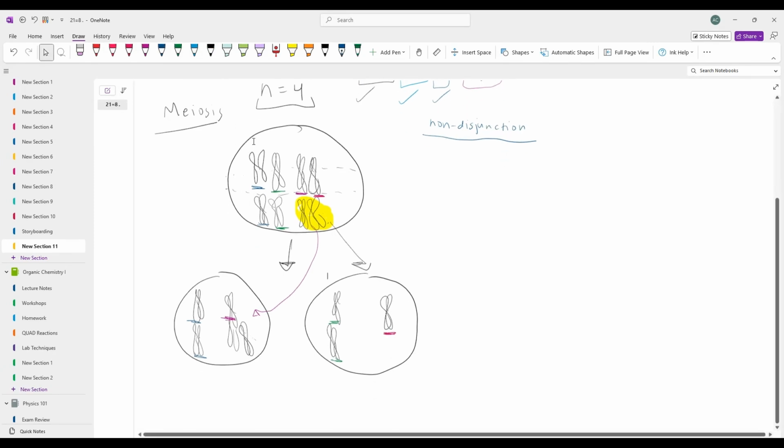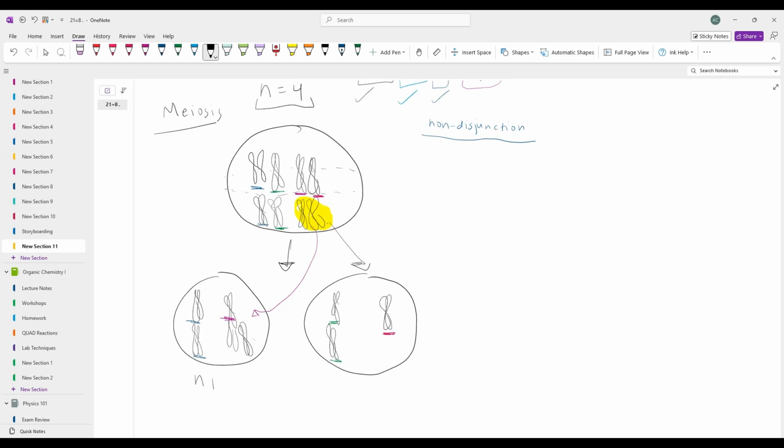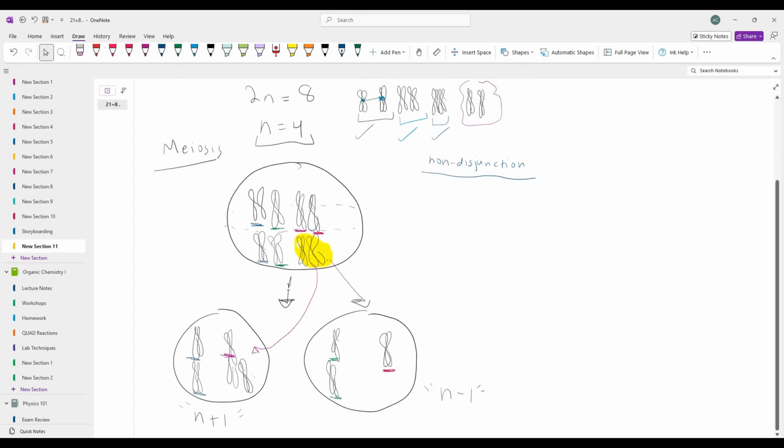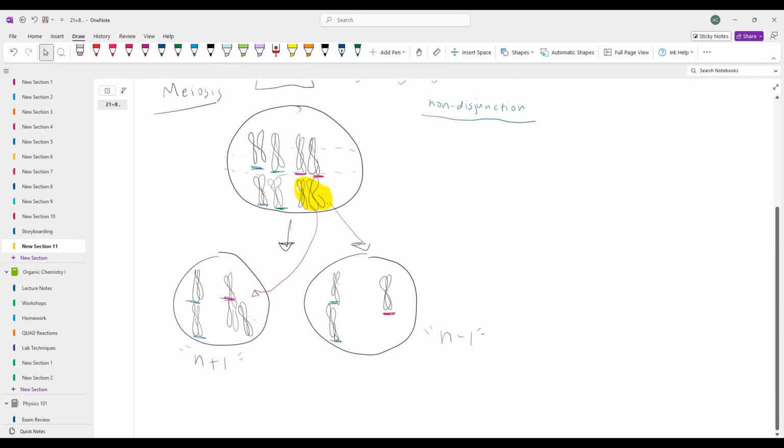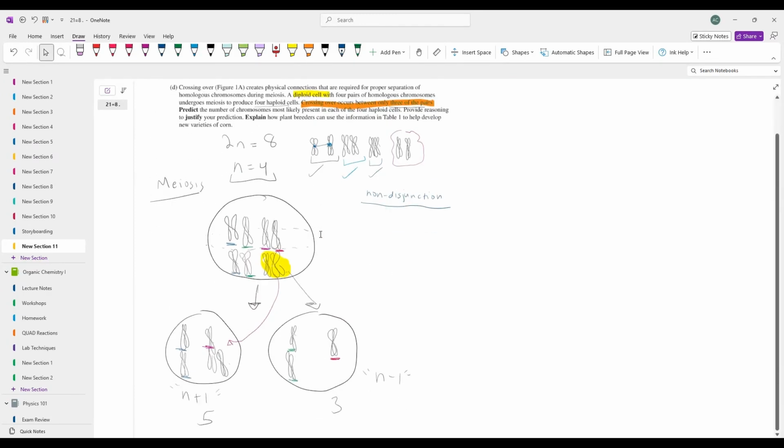In other words, one cell is going to have N plus 1 number of chromosomes. One cell is going to have N minus 1 number of chromosomes. Earlier, we defined N being 4. So as the number suggests, one's going to have 5 chromosomes and one's going to have 3. So that is the way to go about this question, and hopefully this aligns with what you've been learning.